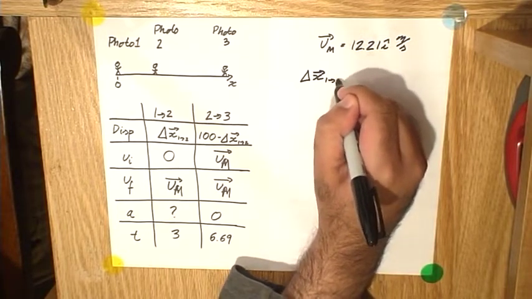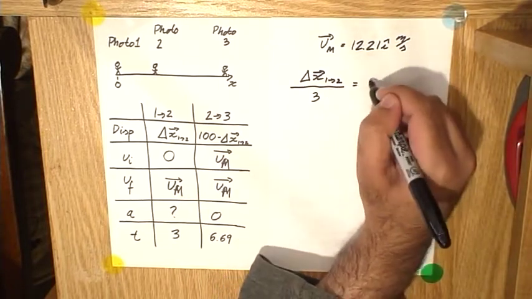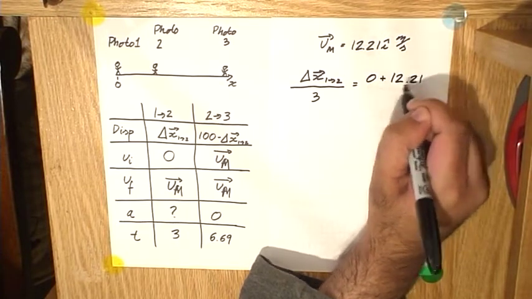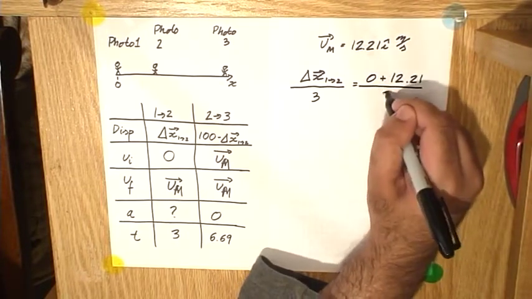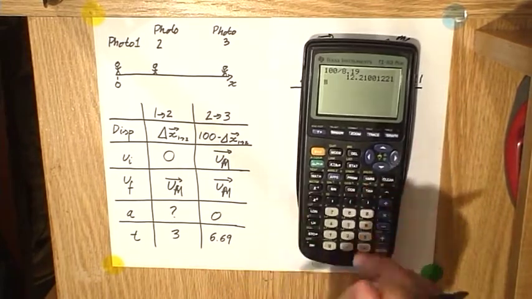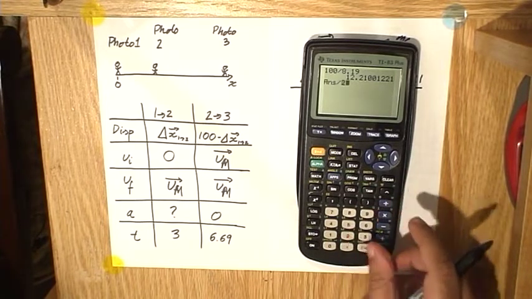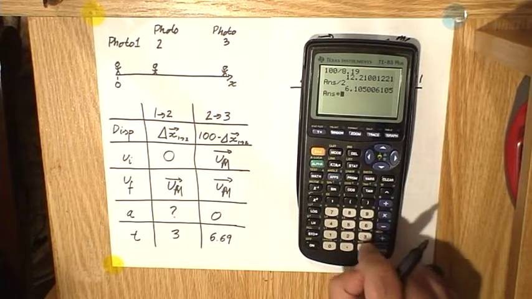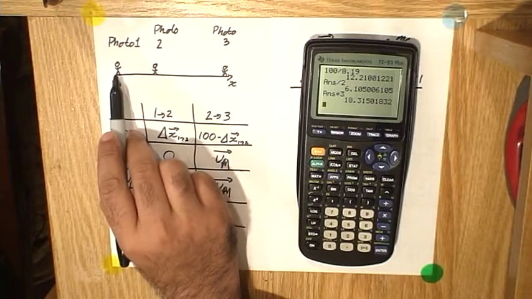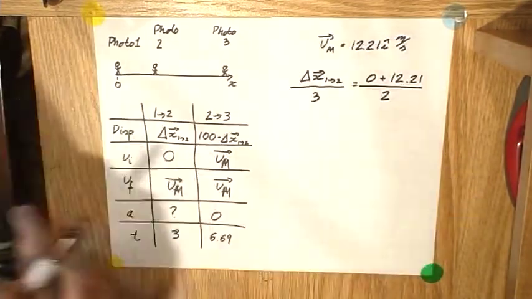Delta x 1 to 2 divided by time, 3, is equal to initial velocity, 0, plus final velocity, 12.21, divided by 2. So 0 plus 12.21 is 12.21, divided by 2, and then multiplied by 3. And we find that the displacement that he experienced between photo 1 and photo 2 was 18.32 meters.